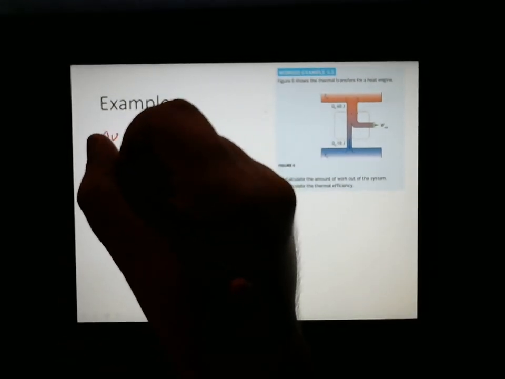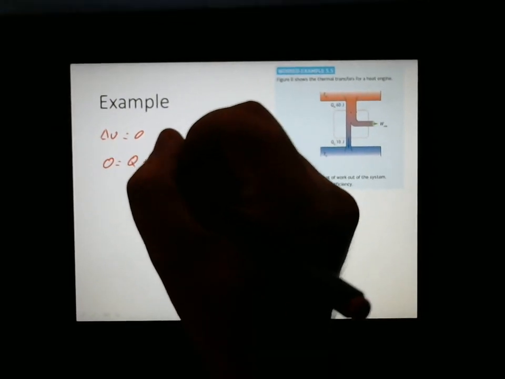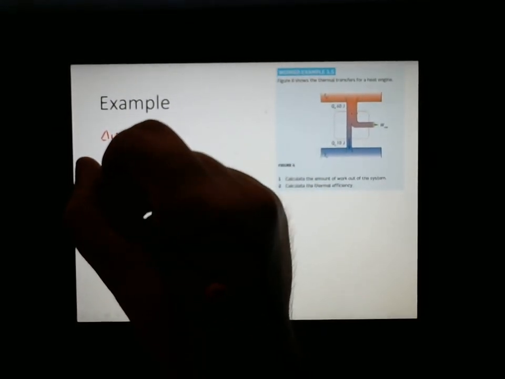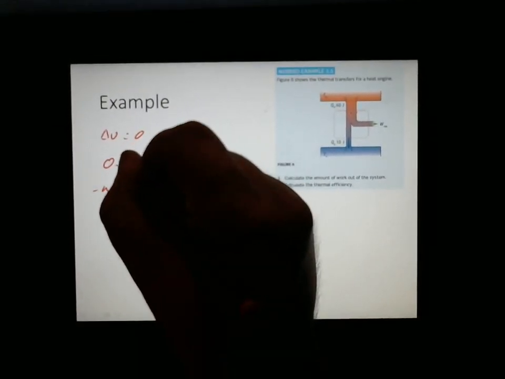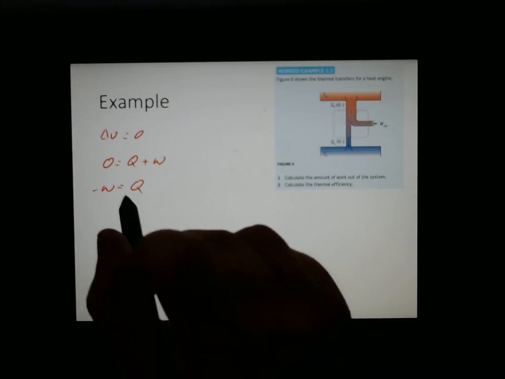So if we write that in there, 0 equals Q plus W, then by extension we can say our work is equal to negative Q, or negative Q equals positive W.